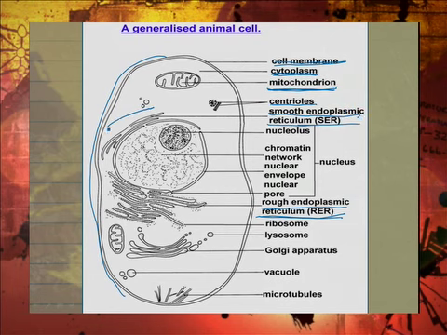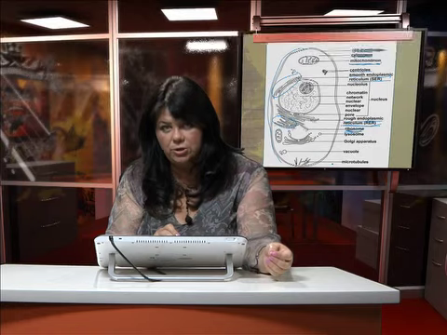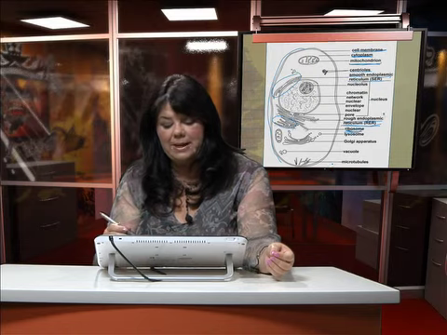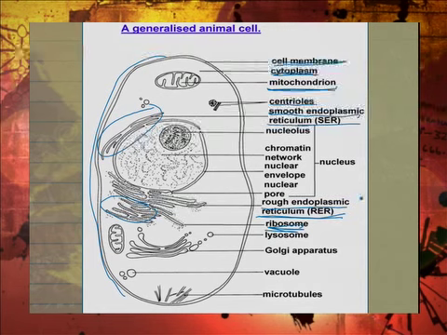If we look here at the smooth endoplasmic reticulum and rough endoplasmic reticulum, we see that the difference is that rough endoplasmic reticulum has a whole lot of ribosomes associated with it. Now, ribosomes make proteins, and endoplasmic reticulum stores protein.